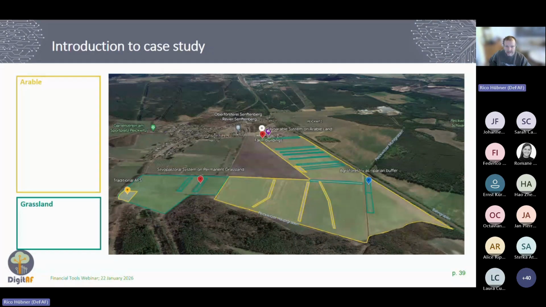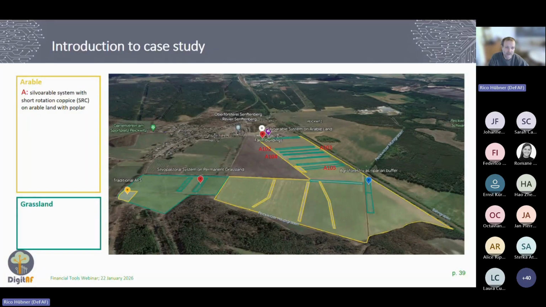Coming to our case study, this is the Living Lab farm of Thomas Domin, which is located in the very south of Brandenburg, a rather dry area. Thomas started to plant agroforestry already back in 2015, so he's very experienced, and he extended his systems over the years.